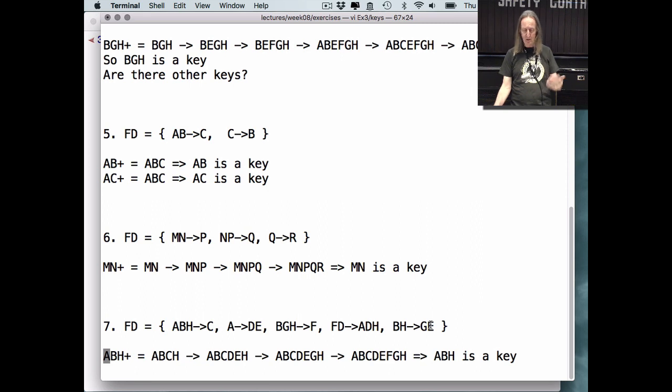It also adds E, but E was already there, so that's harmless. And once I've got that, I can continue the derivation to end up with this. Therefore, the attribute closure of A, B, and H is the set of all attributes, so A, B, H is a key.